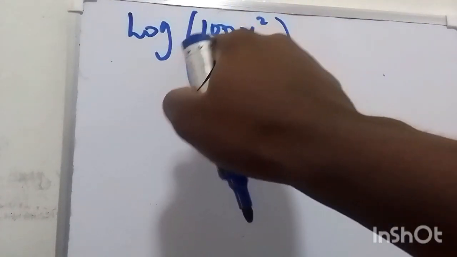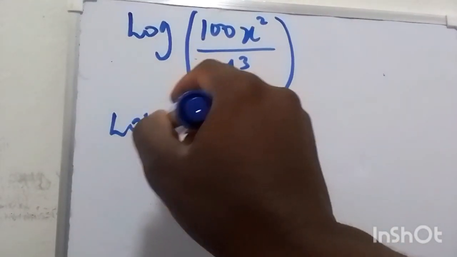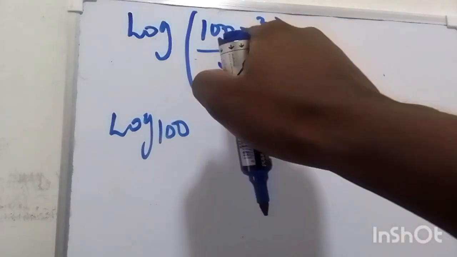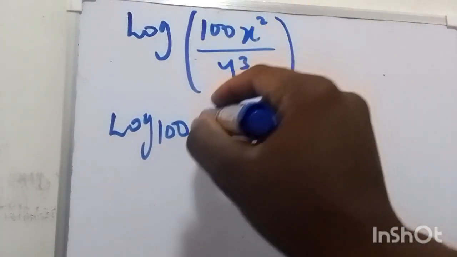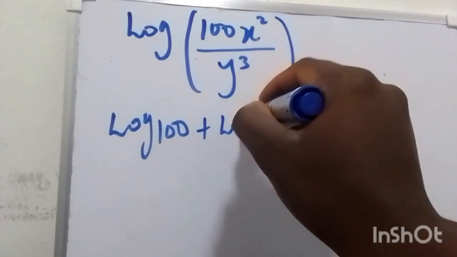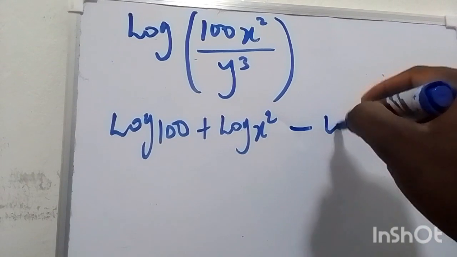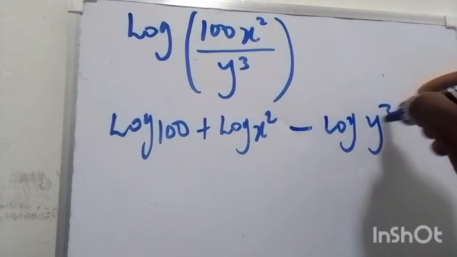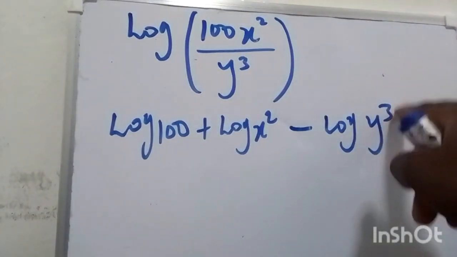Open it. Firstly, you say log 100, because this is multiplication, 100 multiplied by x squared, so that is plus log x squared, divided, which is minus log y power 3. I will still have to bring this to the back and bring this 3 to the back.